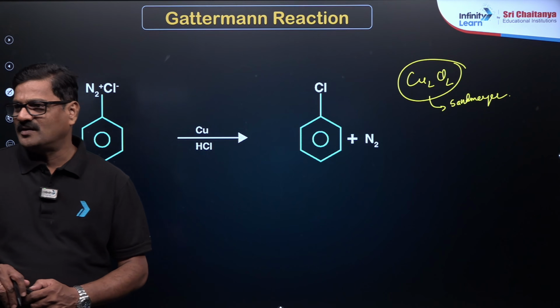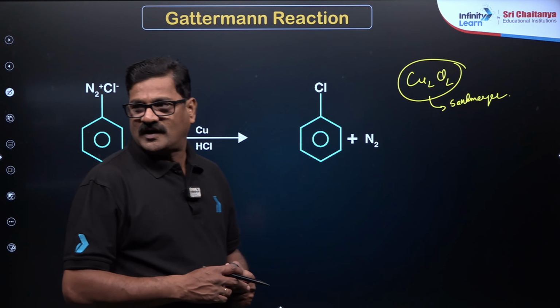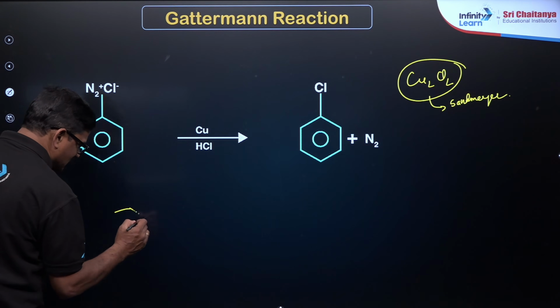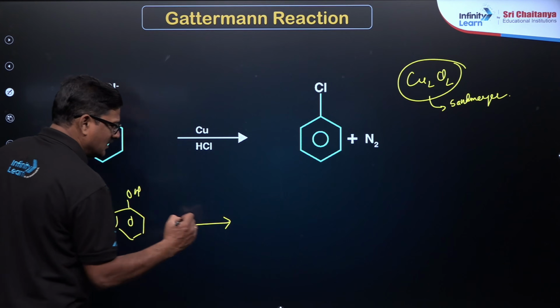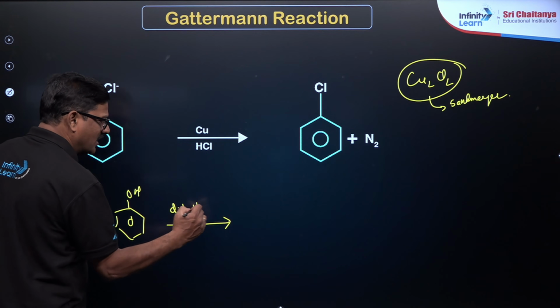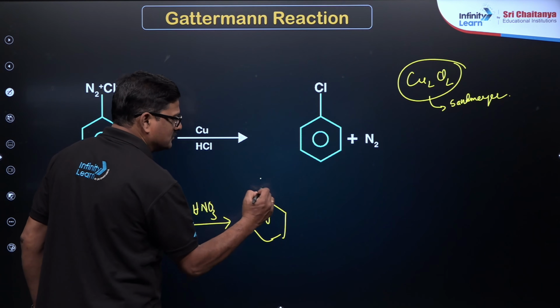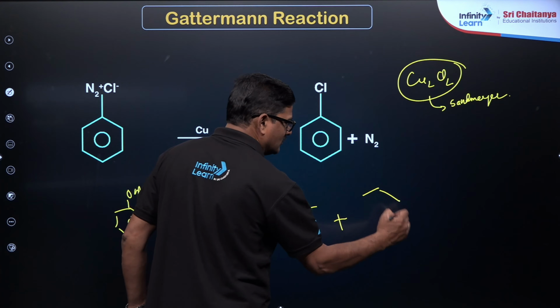Madhu asks: while separating a mixture of ortho and para nitrophenols by steam distillation, name the isomer which is steam volatile, and give the reason. I will answer your question, Madhu. This is your phenol. Phenol is treated with dilute HNO3 and you are going to get ortho-nitrophenol and para-nitrophenol.